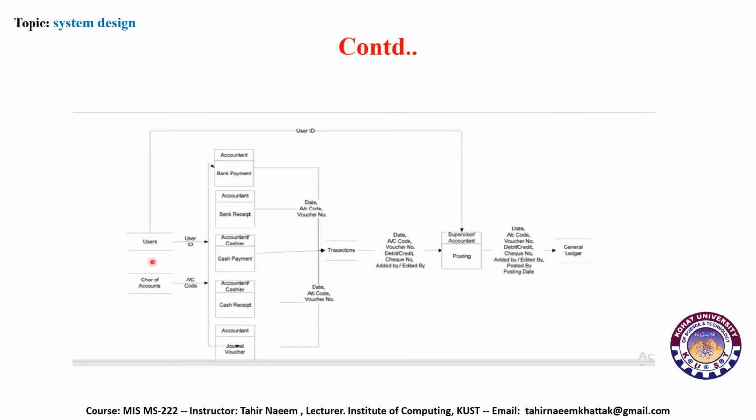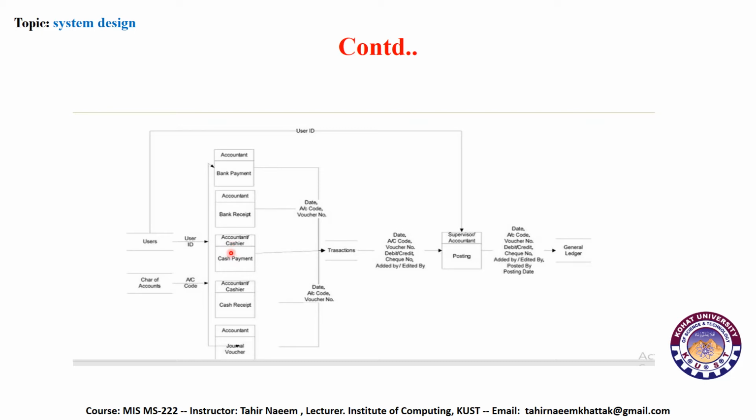So here, as we have previously discussed in the previous slides, a user wants to work with the general ledger. Look at here, first of all, a user account is created, which is posted by the supervisor accounting. So on this ID the user can log into the system.